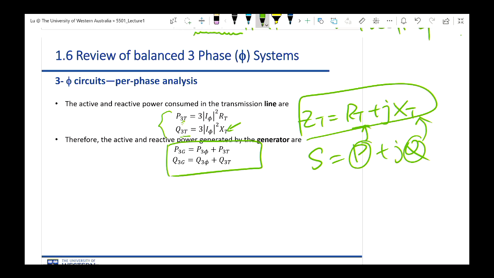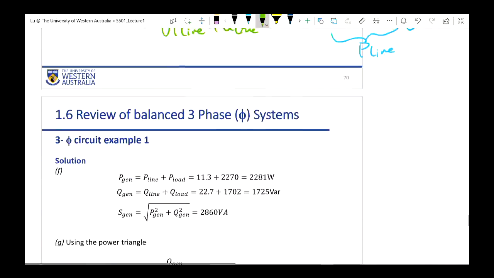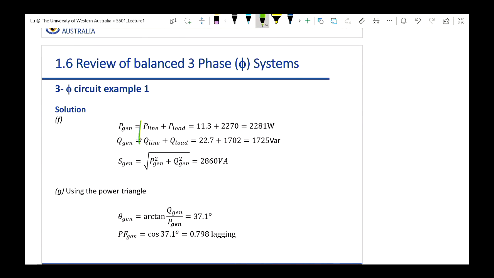In parts B and E of the example, we have already evaluated the power for the load and the power for the cable. So in question F, we just add up the power for each of these 2 things to get the total power supplied by the generators. Really too simple, so I skip this part, okay?